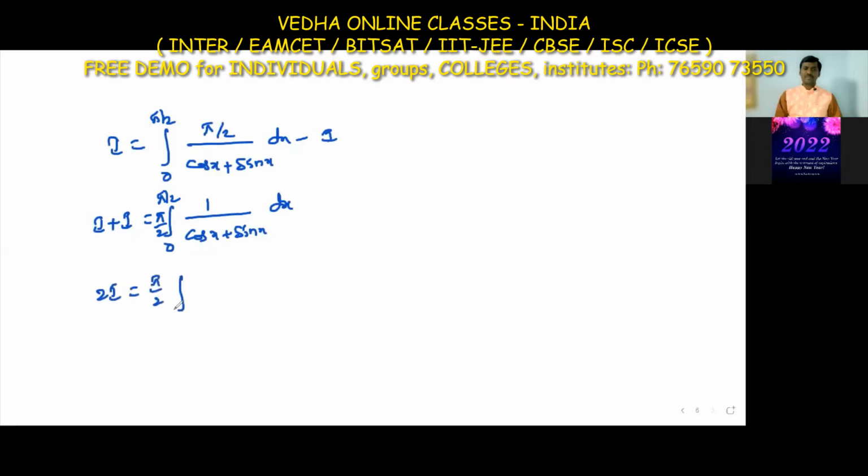2I is equal to pi by 2 times the integral from 0 to pi by 2 of 1 divided by cos x plus sin x dx.